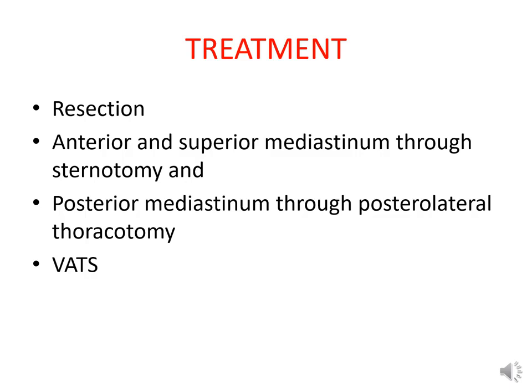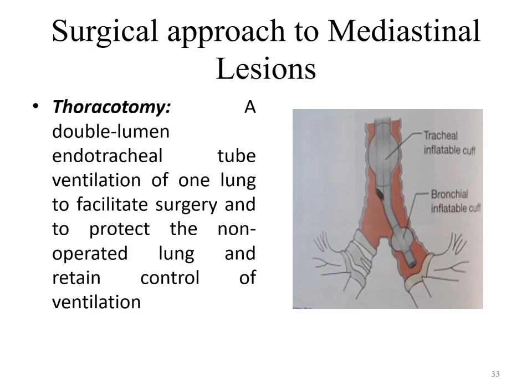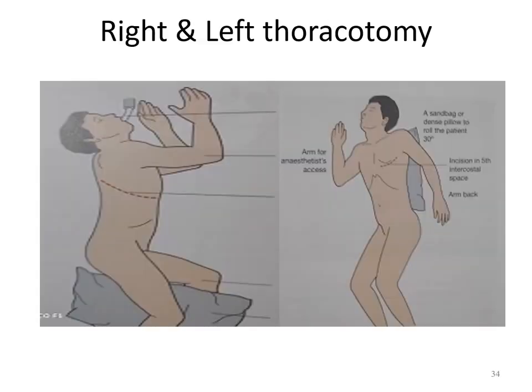For anterior mediastinal tumors, the midline sternotomy is preferred, while in the posterior mediastinum, it is either open thoracotomy or VATS, video-assisted thoracoscopic surgery, that is the preferred one. Now you can see the surgical approach to the lung is via thoracotomy. The right or left thoracotomy can be chosen, depending on which side of the mediastinum we want to operate.